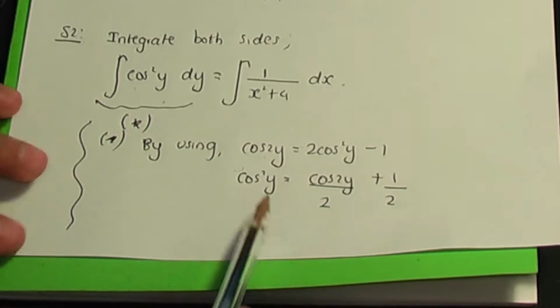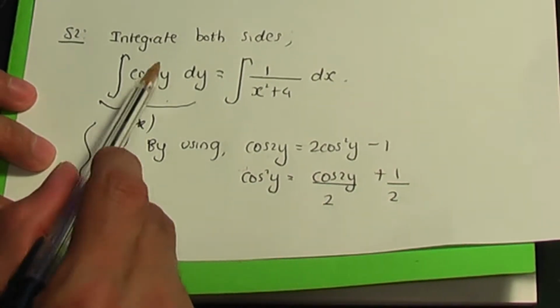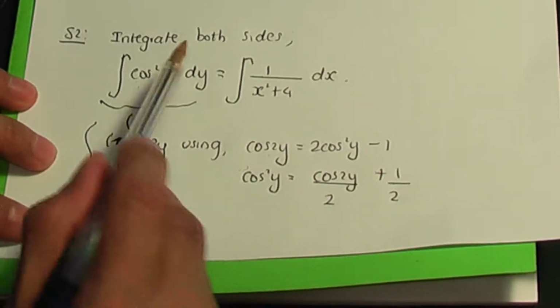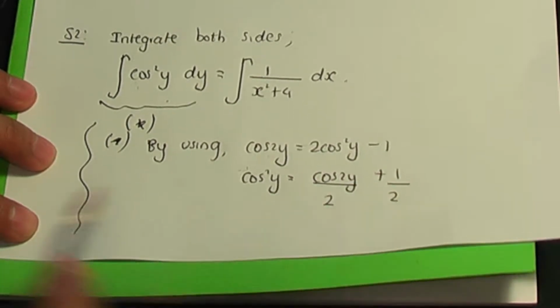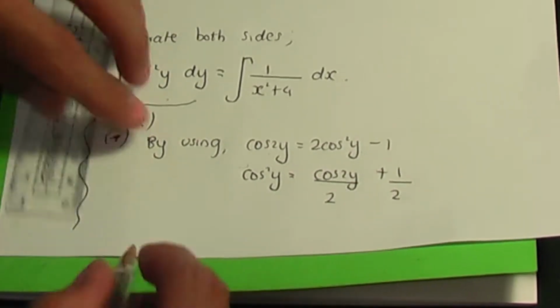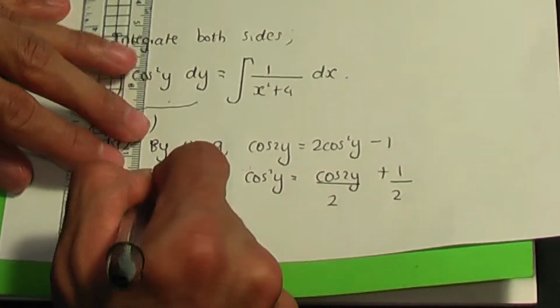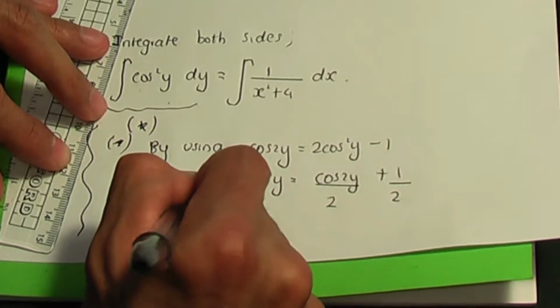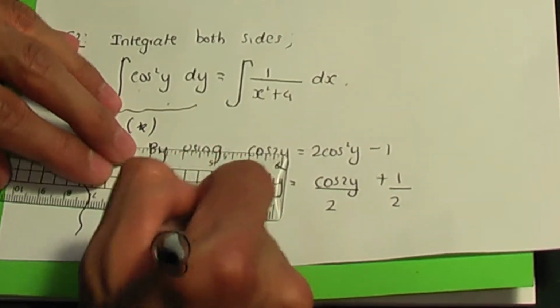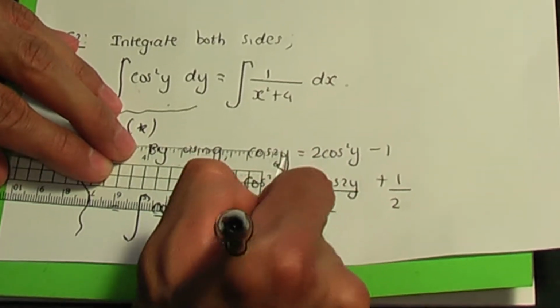So instead of integrating cos squared y, let's integrate cos 2y over 2 plus 1 over 2 instead, as a side calculation.